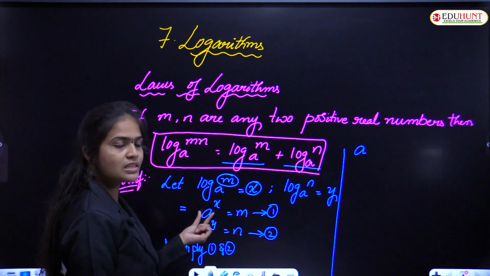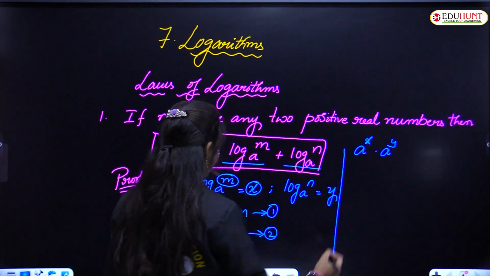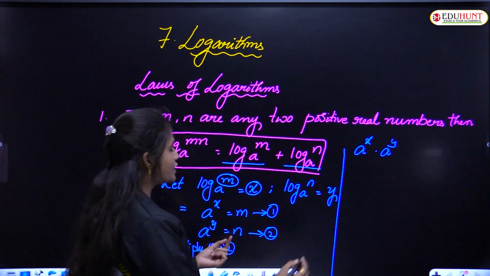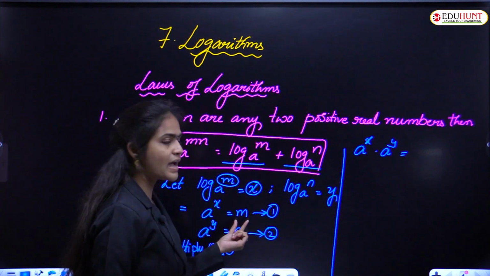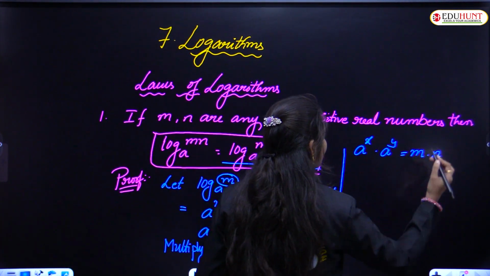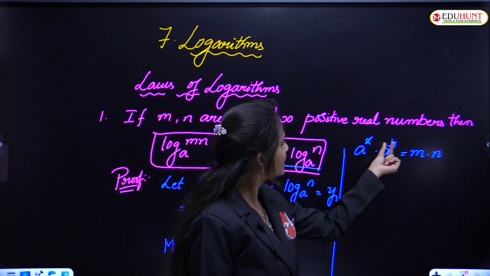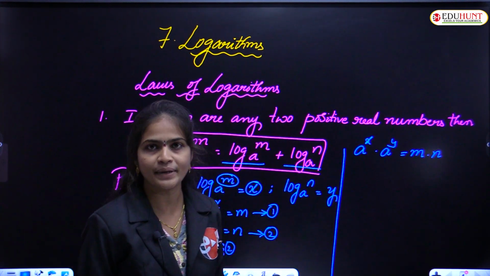The LHS values are a power x and a power y, which is equal to the RHS values. The first one is m, and the next equation's RHS value is n. So a power x into a power y is equal to m into n.